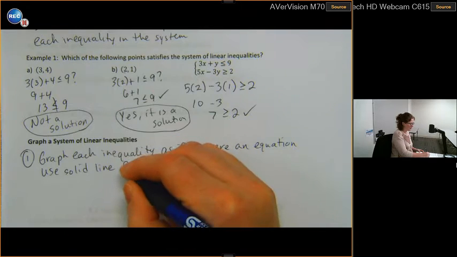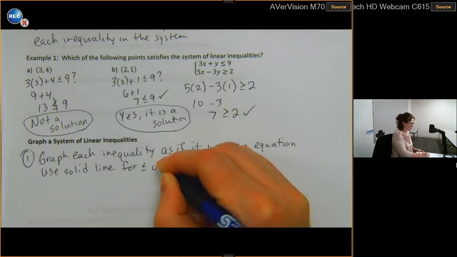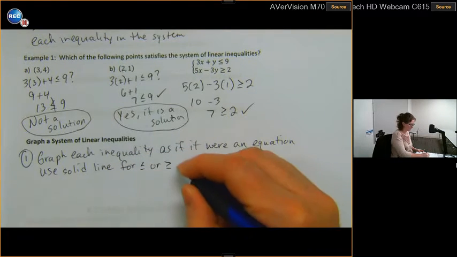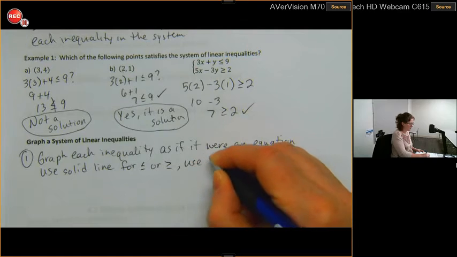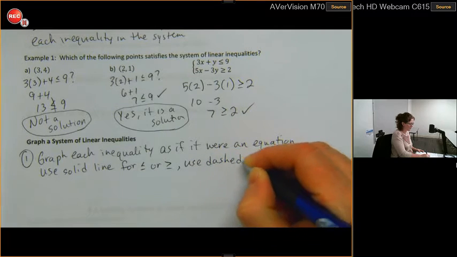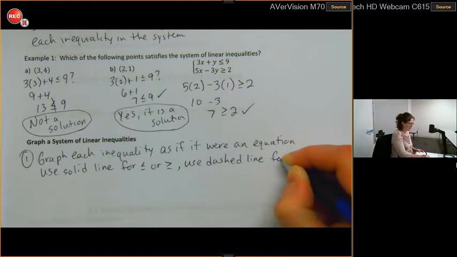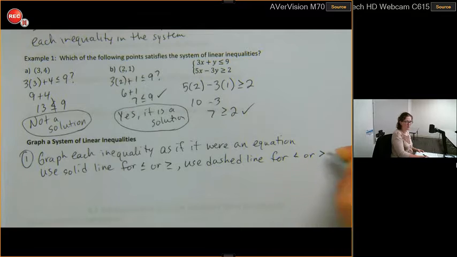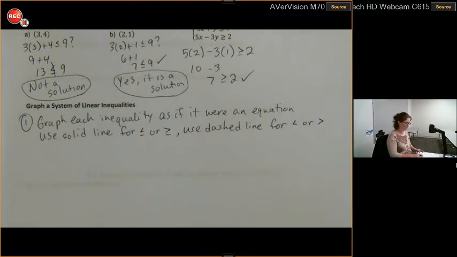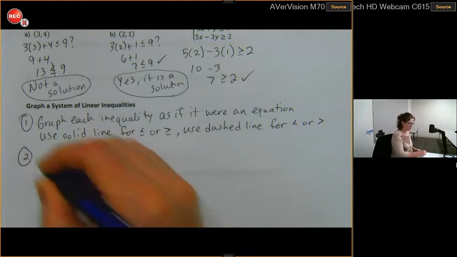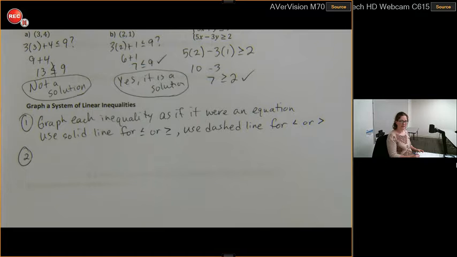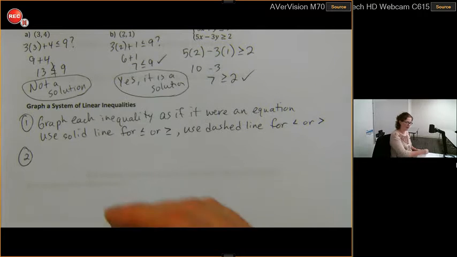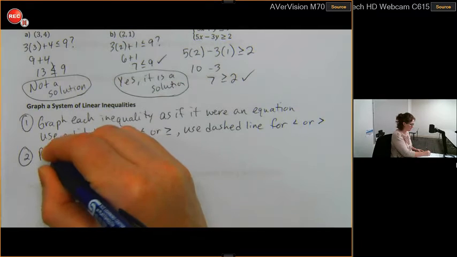Using a solid line when we have the "or equal to" underneath our inequality. And we're going to use a dashed line if it's a strict inequality, which means it's just a less than or a greater than. And then we're going to pick a test point, which is any point that's not on the line that we just drew.